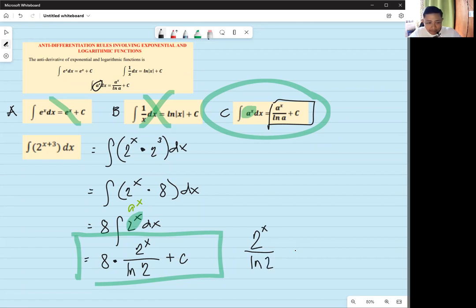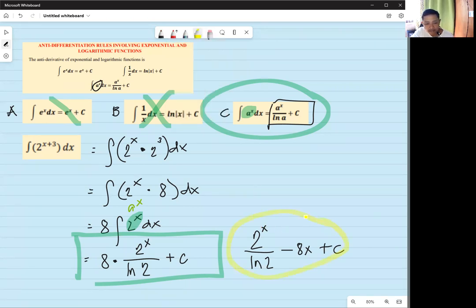Almost exactly the same, but there is a difference. The difference is minus 8x plus c. What do you think is the problem in this answer?